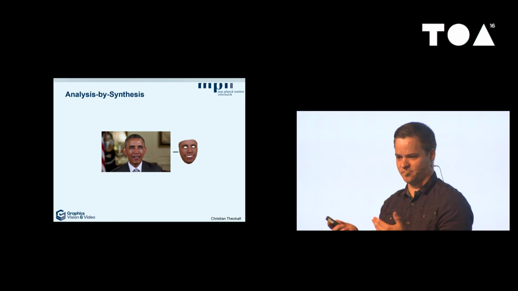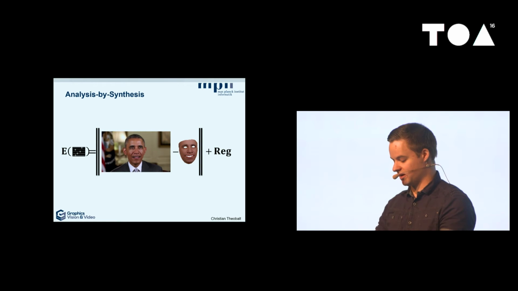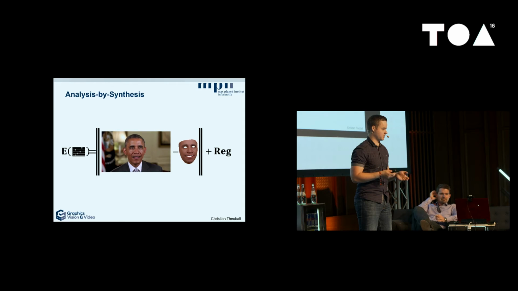Basically, what's the difference between the two? Then we try to minimize this difference, because then we have a good fit. We also add some regularization terms so that we don't get weird facial shapes. We plug everything into this energy function, and what we want is the minimum of it. If we find the slider positions which minimize this function, we have a good fit of our scene.